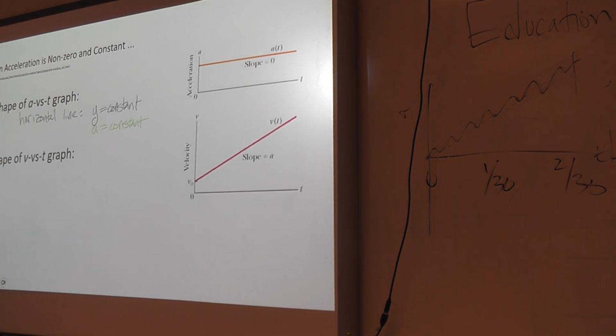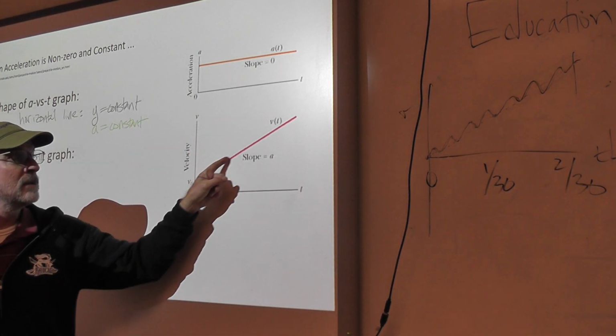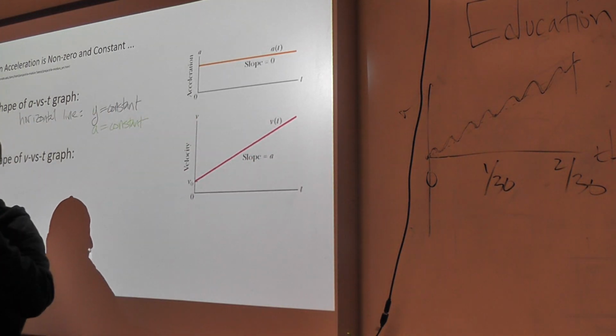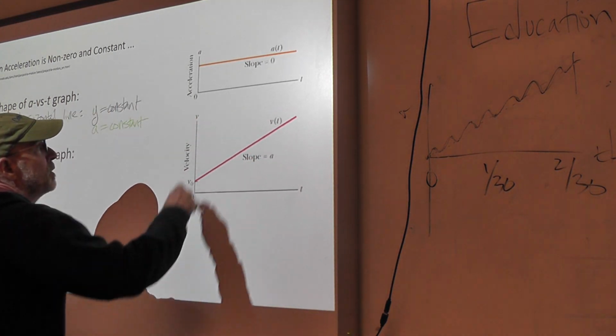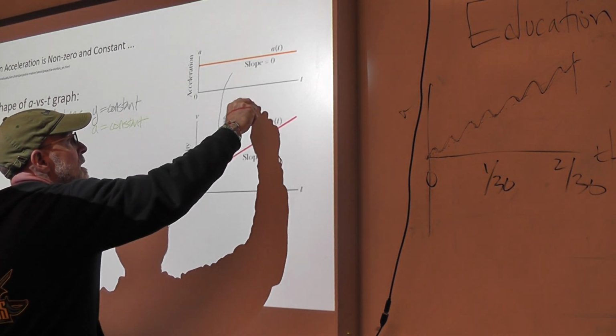And that means that the slope of the resulting velocity versus time graph is going to be constant, because we figured out that on a velocity versus time graph, the slope is the acceleration.